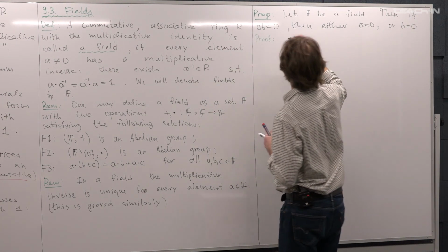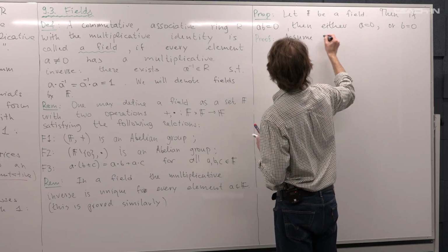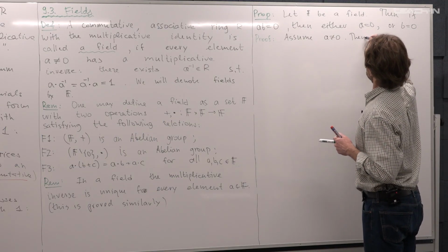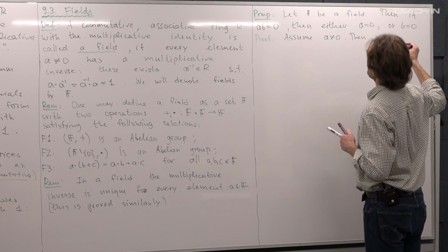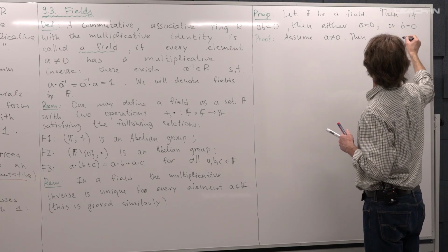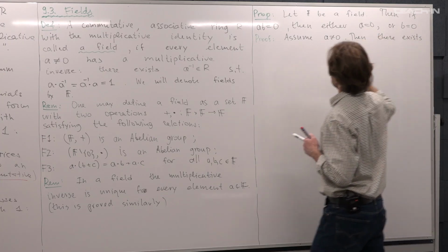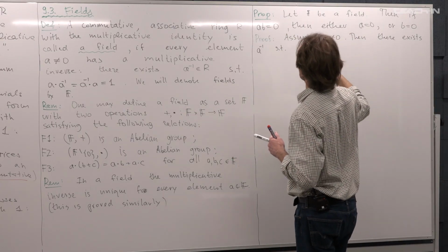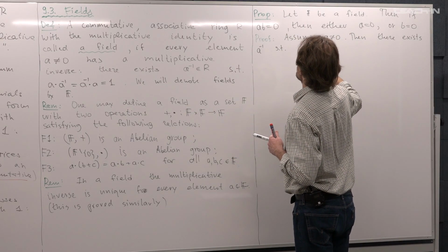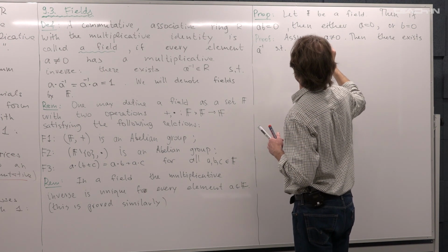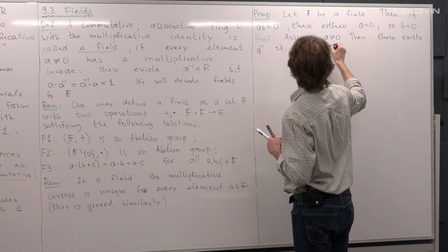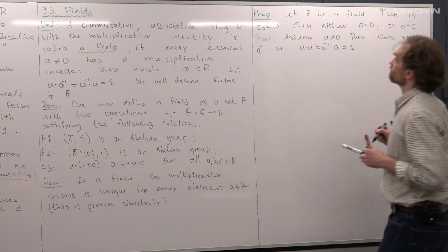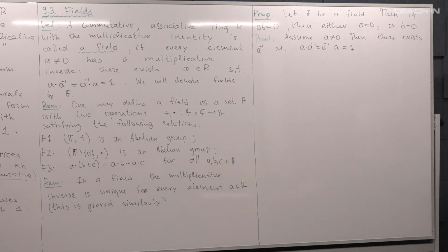Assume a is not 0. Then, according to the definition of a field, there exists the inverse, a to the minus 1, such that a multiplied by a to the minus 1 equals a to the minus 1 by a equals the multiplicative identity.